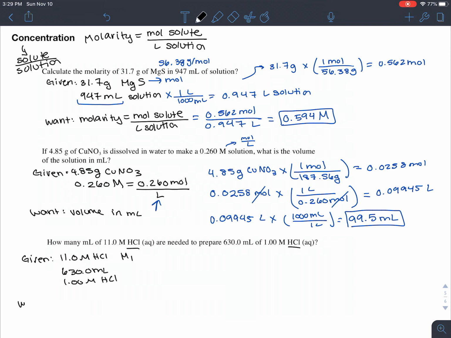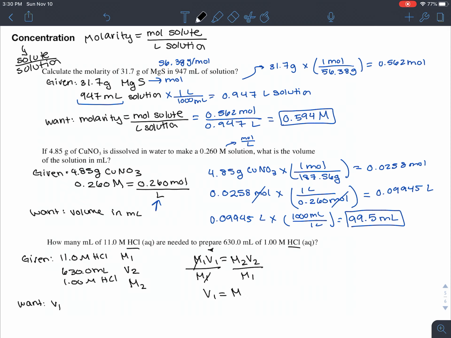So this is your M1, and you're asking how many milliliters, so you want your V1, needed to prepare 630 milliliters, the second volume, of 1 molar concentration, the second molarity. So here you use a dilution equation. You only use the dilution equation when it's the same exact compound with water, not HCl plus NaOH. That is a reaction. It's only ever if it's the exact same compound because they're not reacting and it's a 1-to-1 ratio.